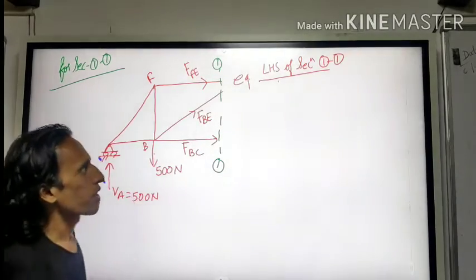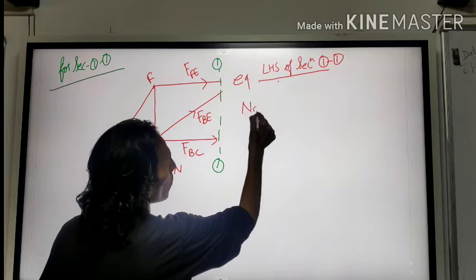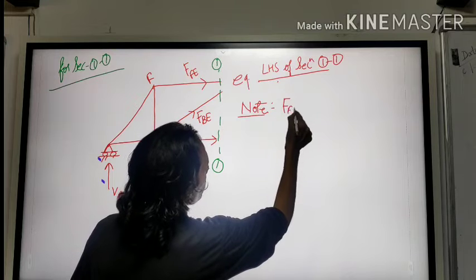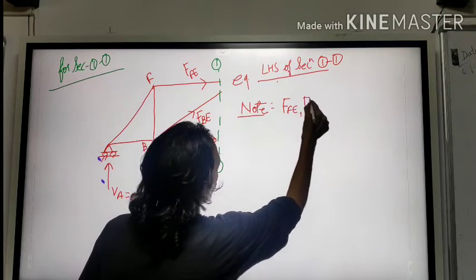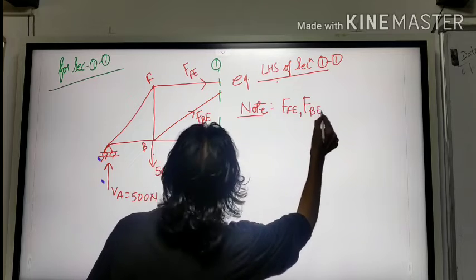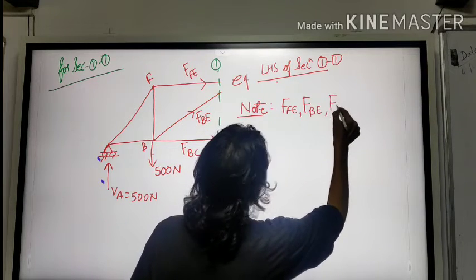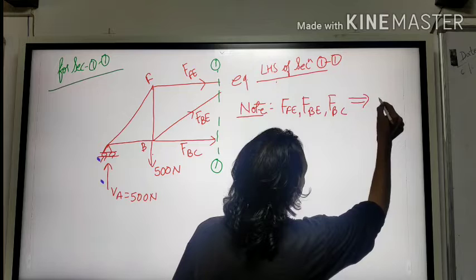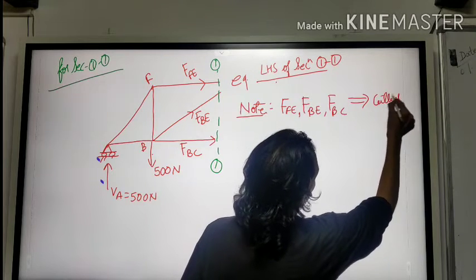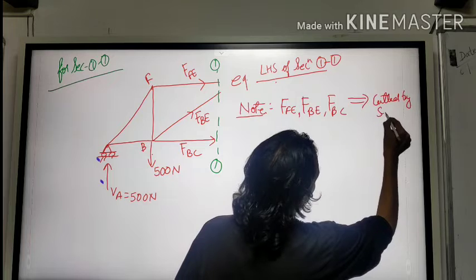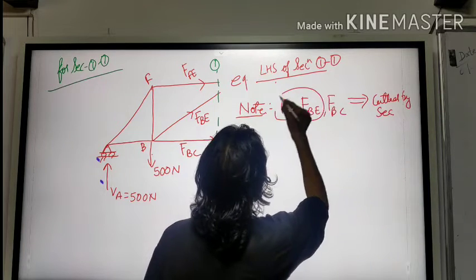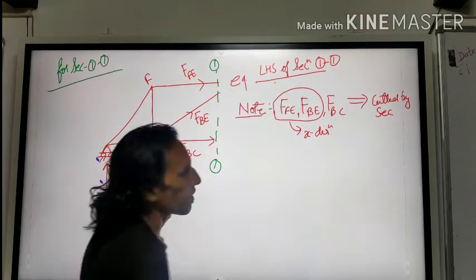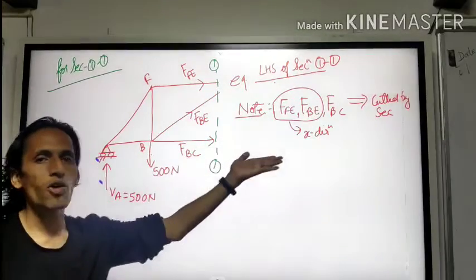FE, FBE, FBC are cut by the section, out of which two are in the x direction. So I have written this. How can I use it?